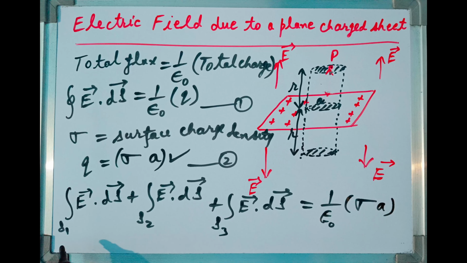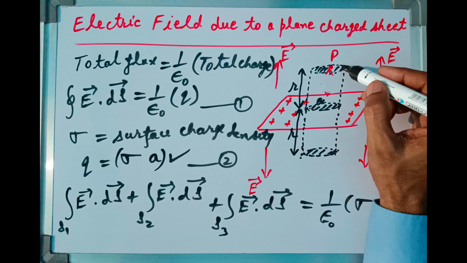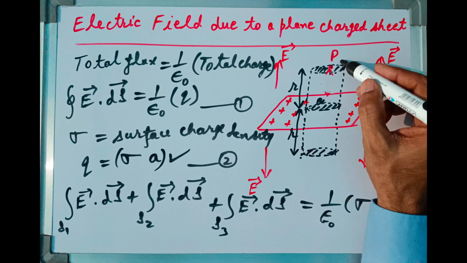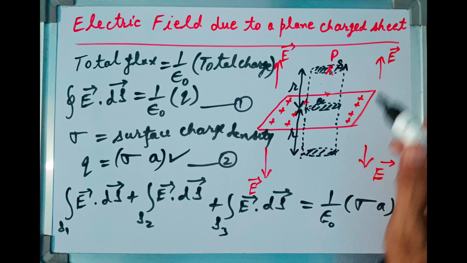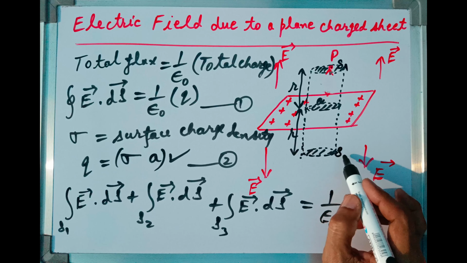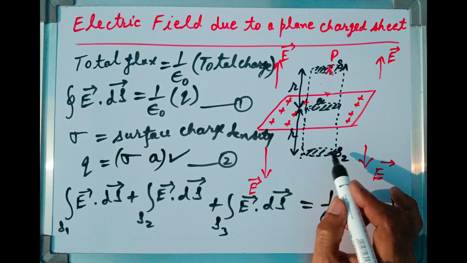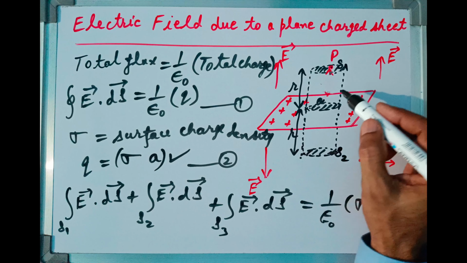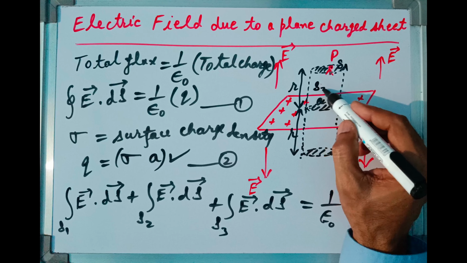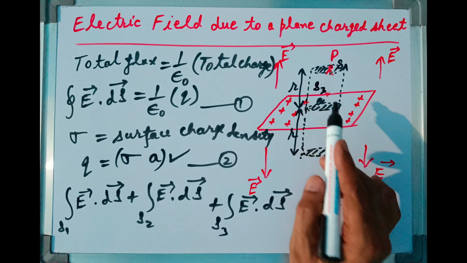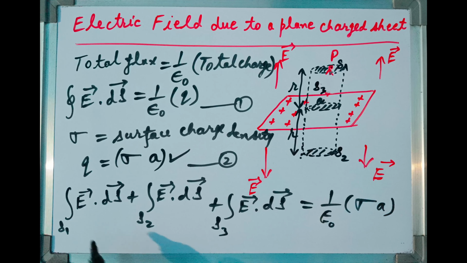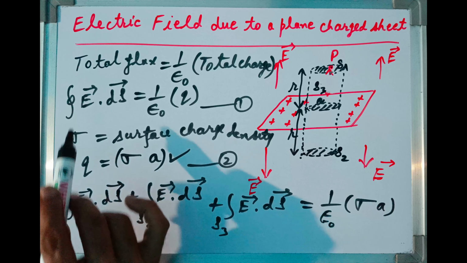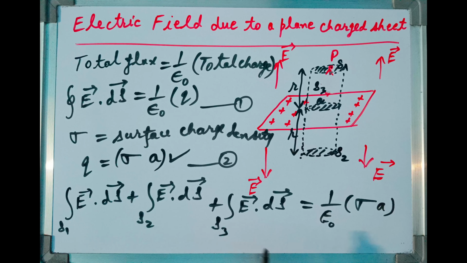Now what is the meaning of S1, S2 and S3? S1 is this total circular area at the top of cylinder, S2 is the circular area at the bottom of cylinder, and S3 is the curved surface area of the cylinder. That is how I have separated closed integral into three open integrals.